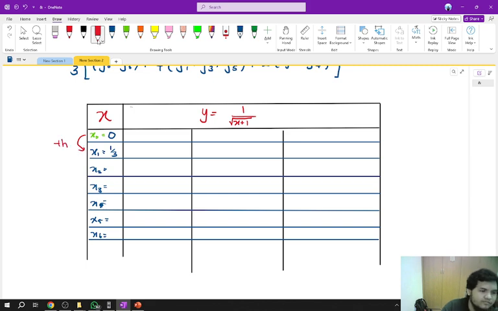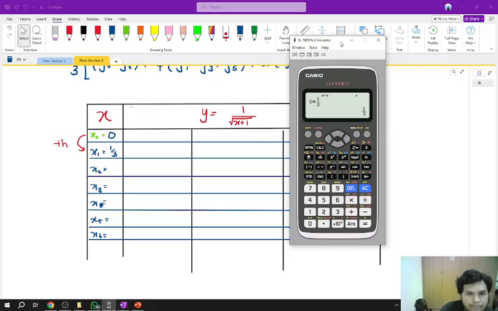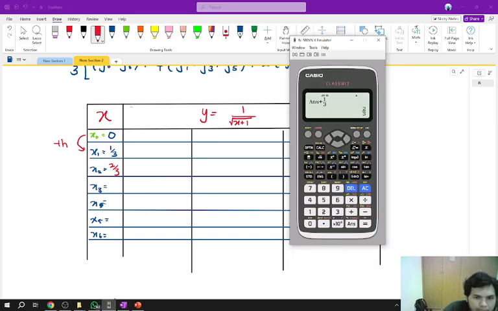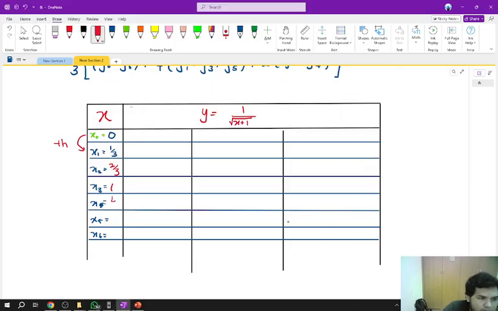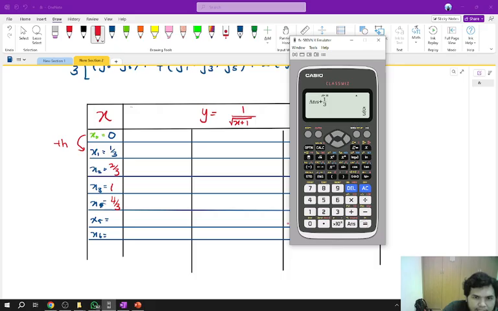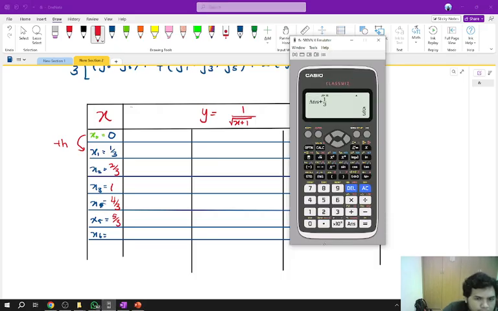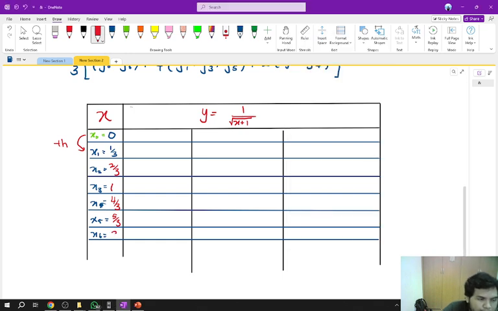Okay, just add h for each one. So adding 1/3, you get 2/3. Then we have 1 for x3, add h again, we get 4/3. Again 5/3, and the last one gets 2.